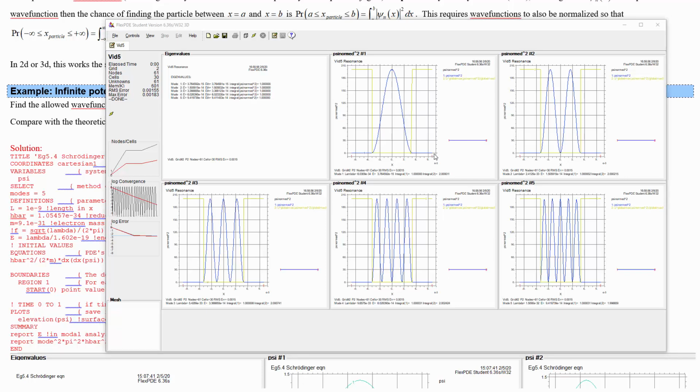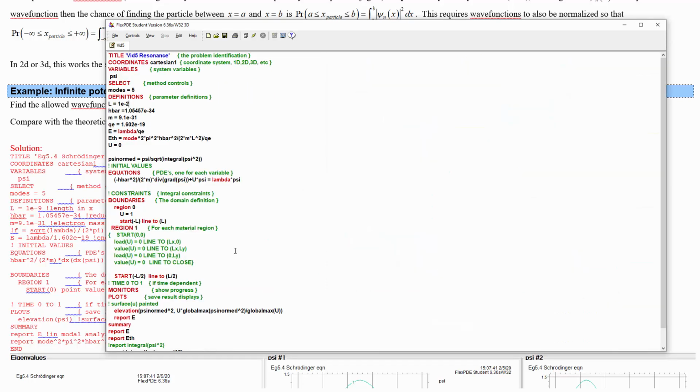Well, the next thing that we can do now is deal with a finite potential well. So rather than making the potential effectively infinite, let's make it a lot smaller. Let's make it maybe 6 electron volts. So 6 times QE. When we have something in joules and we want to turn it into the number of electron volts, then we have to divide by QE.